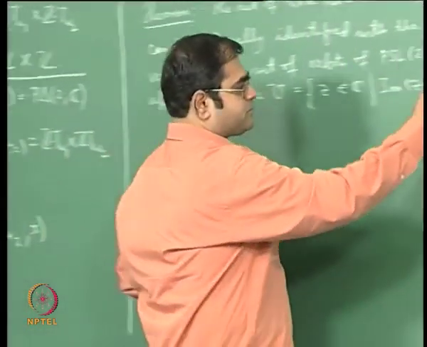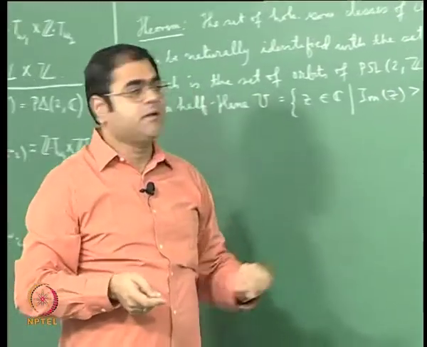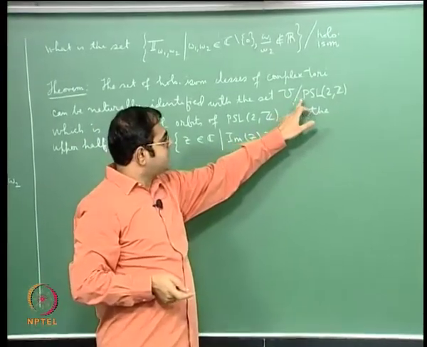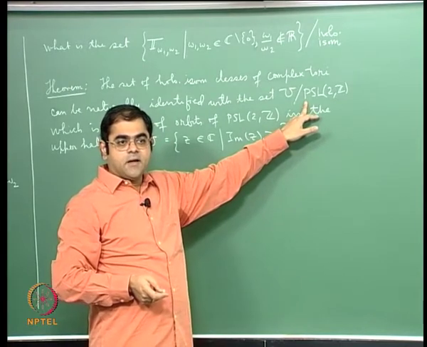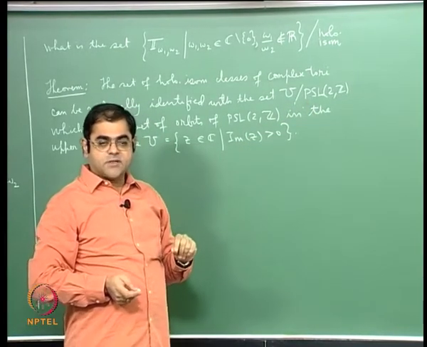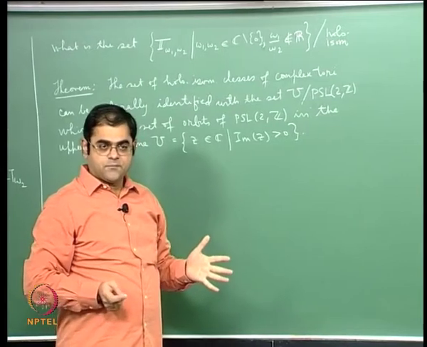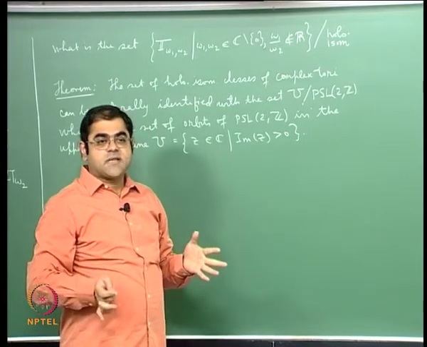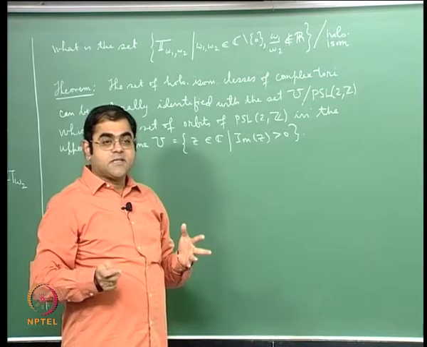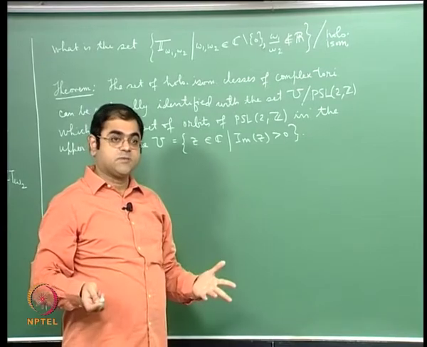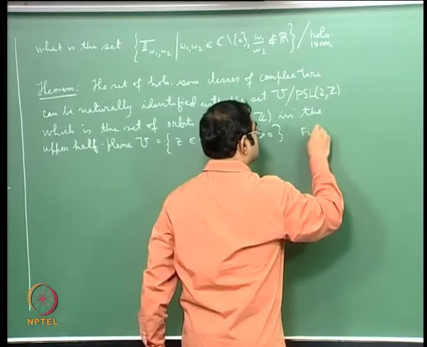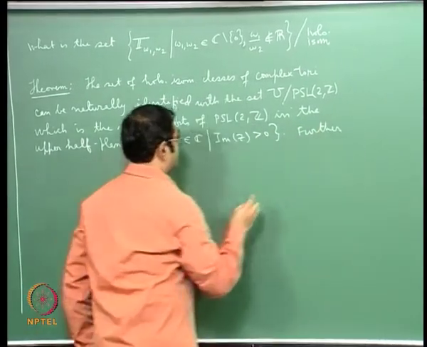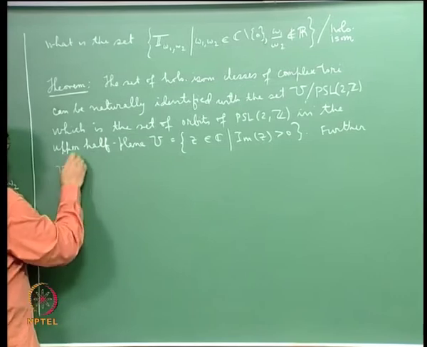Then there is more. The more interesting statement is that this set U mod PSL2Z naturally acquires the structure of a Riemann surface, and that Riemann surface happens to be holomorphically isomorphic to the complex plane.